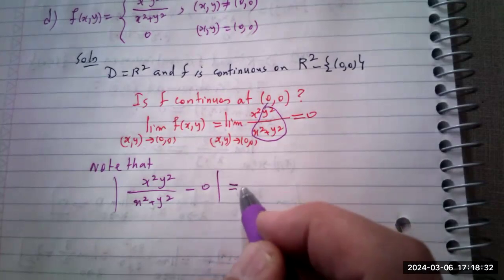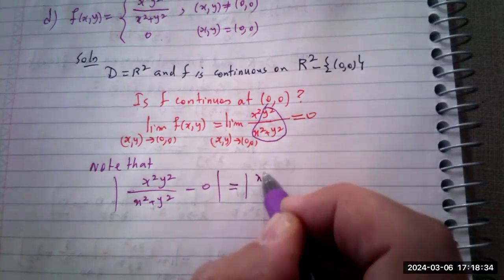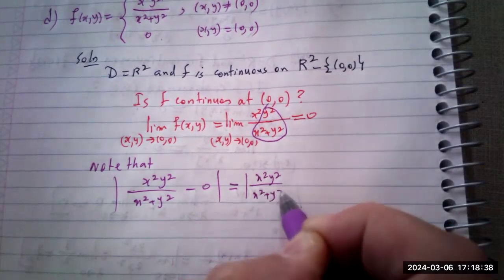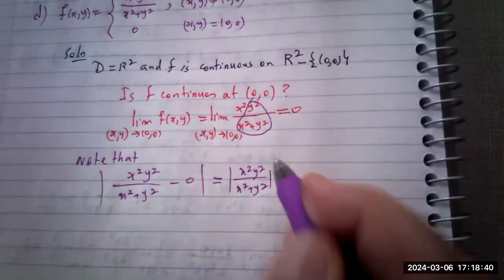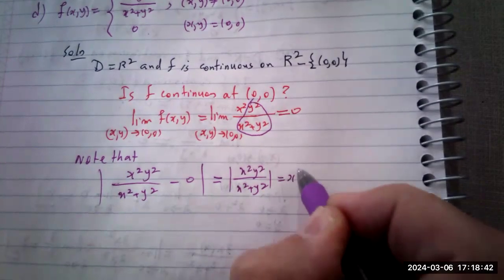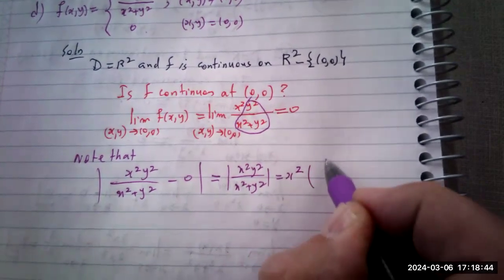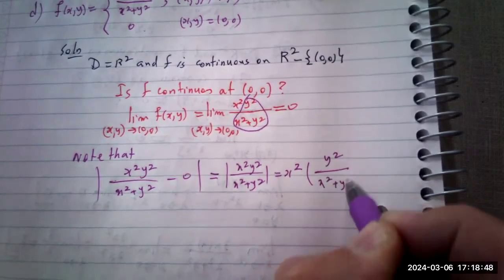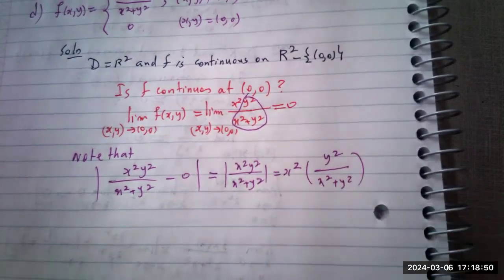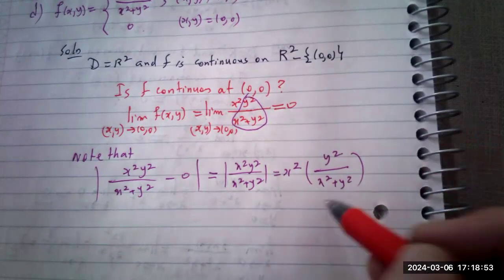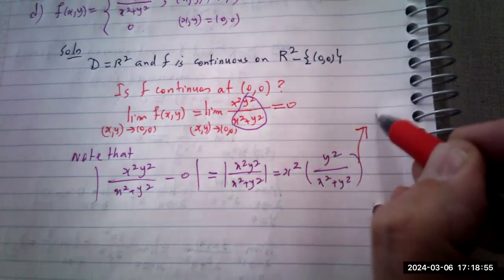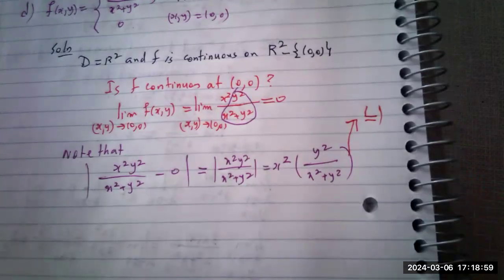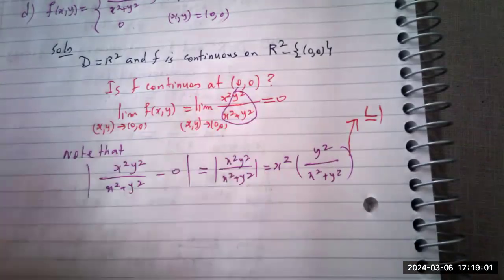You can rewrite it as x squared times y squared over x squared plus y squared. This quantity is less than or equal to 1, because the bottom one is higher than the top.